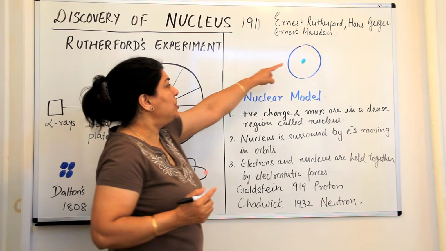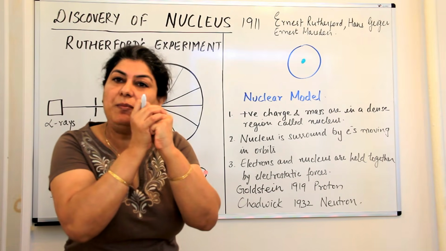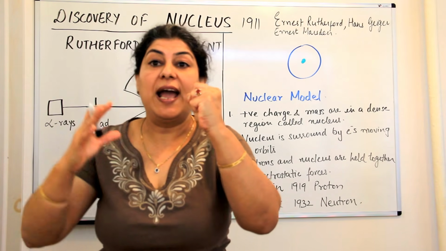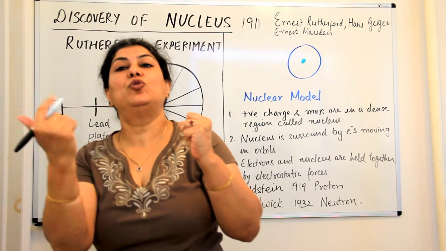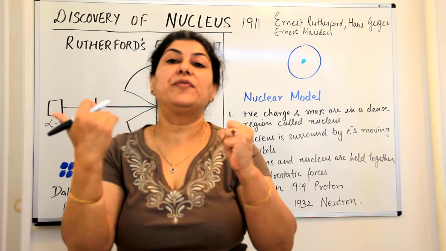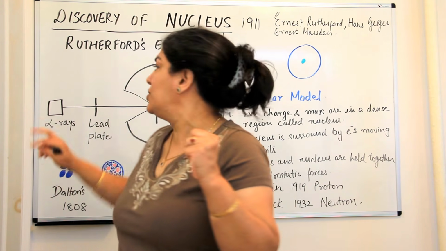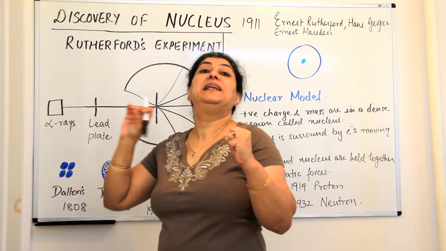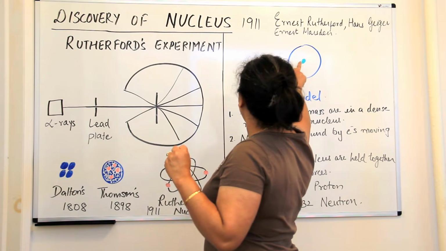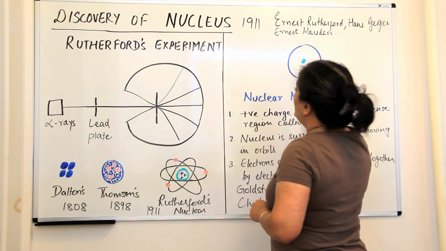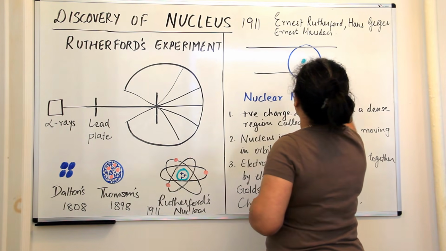He said that positive charge is extremely dense, like a solid sphere, and when the alpha particle comes and hits this solid part, those particles, 1 out of 200,000, get rebounded. So he said that these particles are actually hitting the nucleus, and that is why they are moving back.